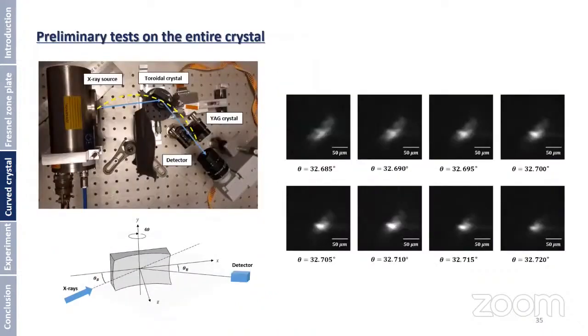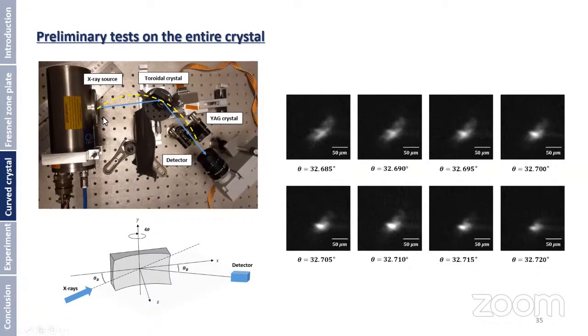More recently, we did preliminary tests on the entire crystal. The experimental source is an X-ray tube emitting X-rays at 8 keV. The source, the crystal, and the detector are placed in a focus-to-focus configuration.